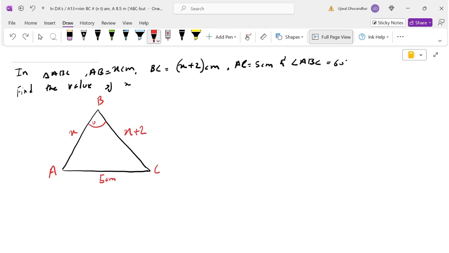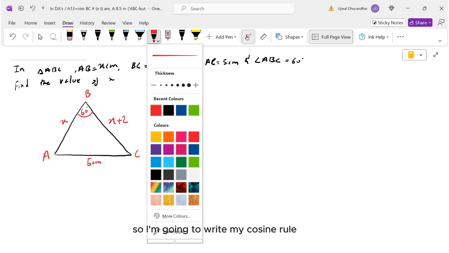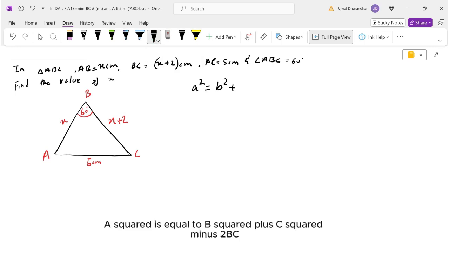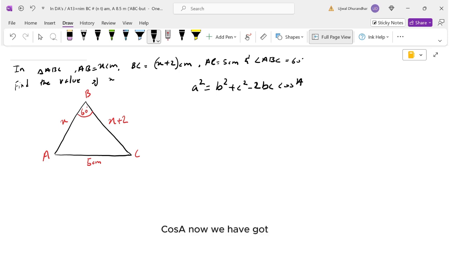So I'm going to write my cosine rule. A square is equal to b square plus c square minus 2bc cos A. Now let's first see our sides and angles. We have got this side, we have got this side, and we've got this angle.